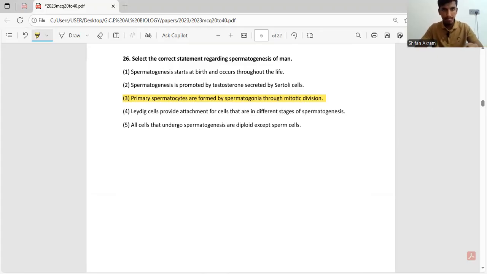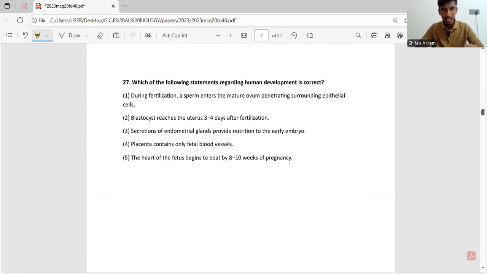Okay. Now let's go through question 27. Which of the following statements regarding human development is correct? First statement: during fertilization, a sperm enters the mature ovum, penetrating surrounding epithelial cells. Interesting, right? Now we have to go back to oogenesis. What did we learn in oogenesis?